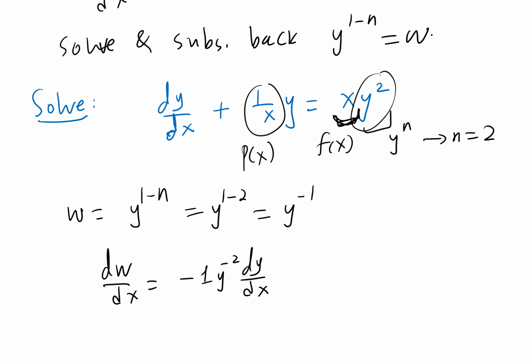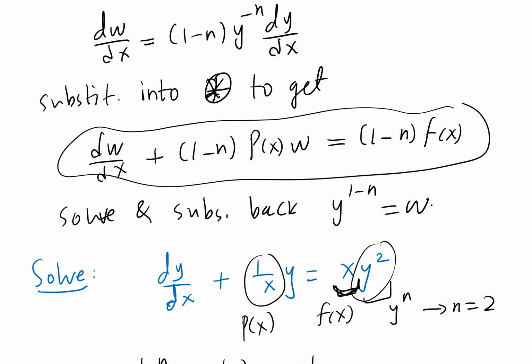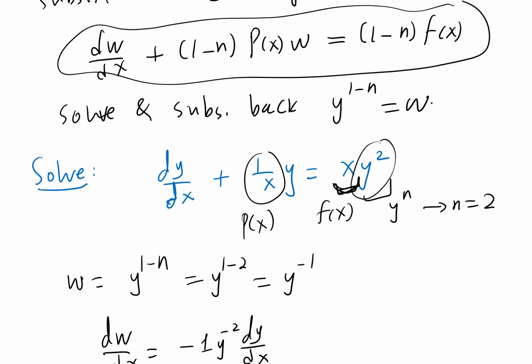Now we're going to get rid of everything, or transform it from the y's into w's, because notice what we have here, no more y's. So now what do we get? You can either use that form that I just boxed, or you can go step by step with substitution. If you know that form, that would be the easiest thing.